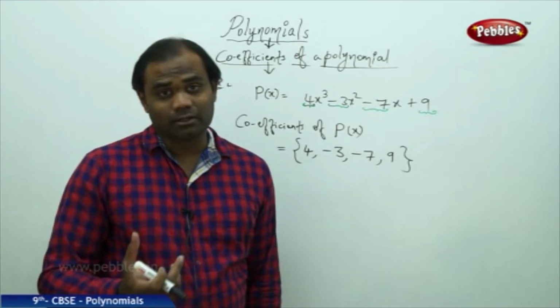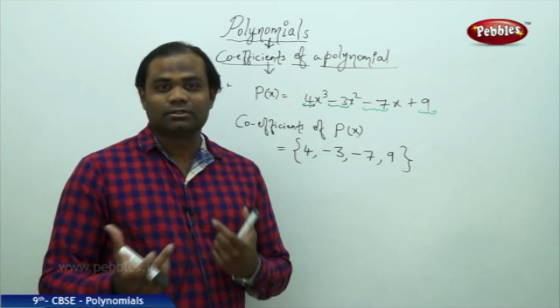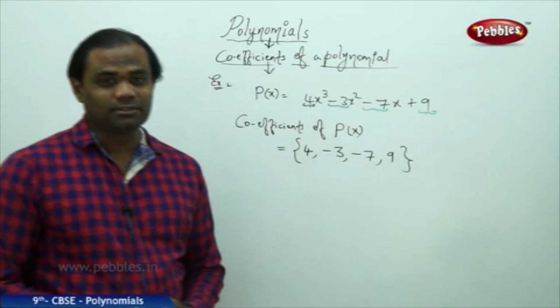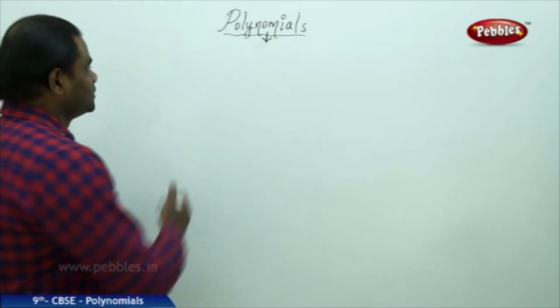Coefficients are the real numbers, constants, or the real constants attached to the variables is how we identify the coefficients for a polynomial. Now let's see some special type of polynomials in the topic of polynomials. The types of polynomials have their own types which we have discussed, but now let's enter into discussing the special types of polynomials.